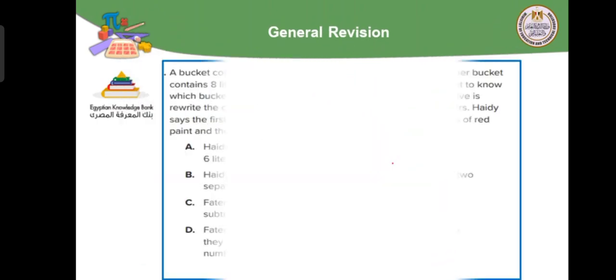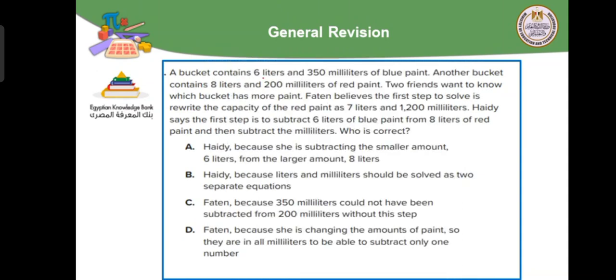A bucket contains 6 liters and 350 milliliters. So this will be 6 and 350 milliliters. Okay, don't forget. Another bucket contains 8 liters and 200 milliliters. Then the paint: two friends want to know which bucket has more paint.